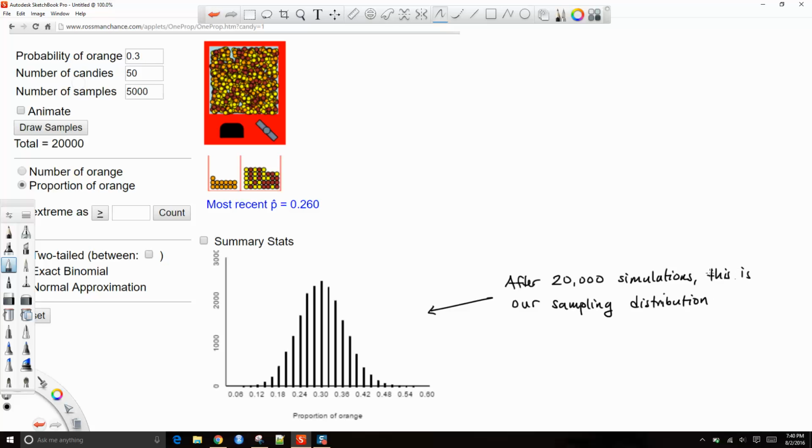This is our sampling distribution of the different p-hat values that we observed, p-hat being our sample proportion. Every time we drew a sample, we got different sample proportions, different p-hat values, and we kept track of them all, and this is the distribution that we see.